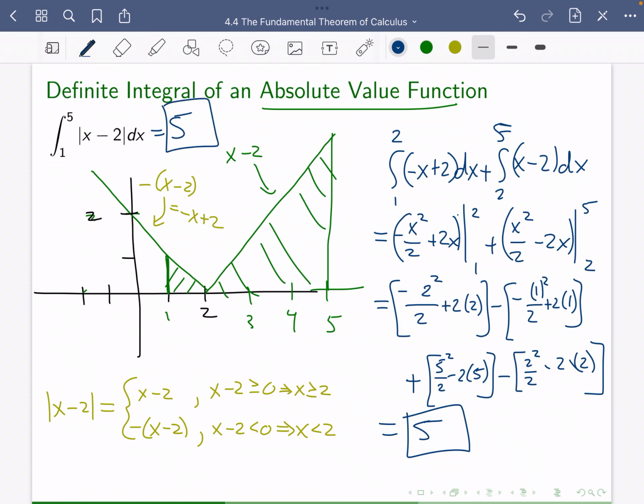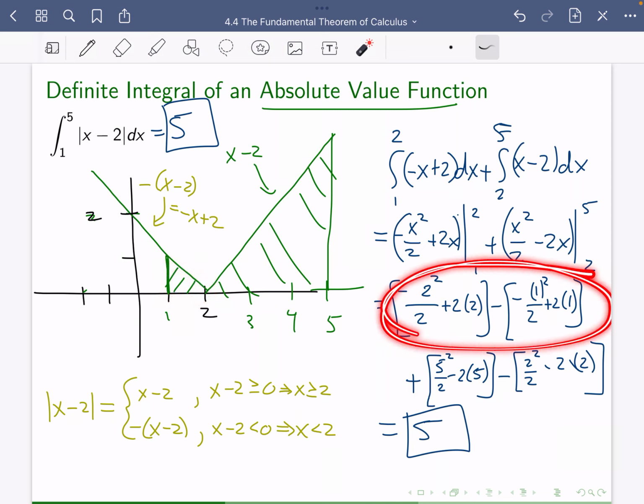Now, in this problem, you could have actually done this much quicker if you recognized some rules of geometry. We could say, oh, this is just a triangle. It's a triangle where this base is length 1. This height is also 1. So the area of this triangle was 1/2. You would see that if you did this calculation right here, you get the 1/2.